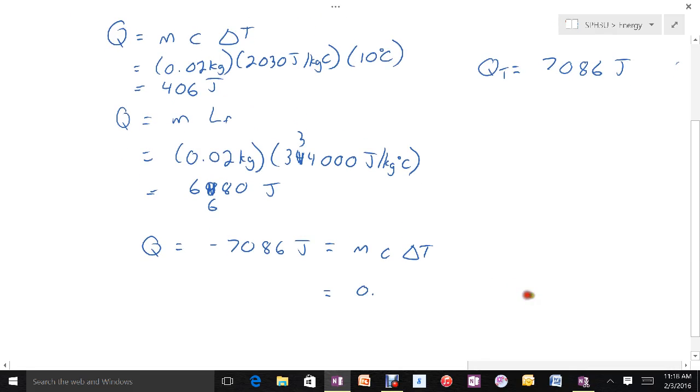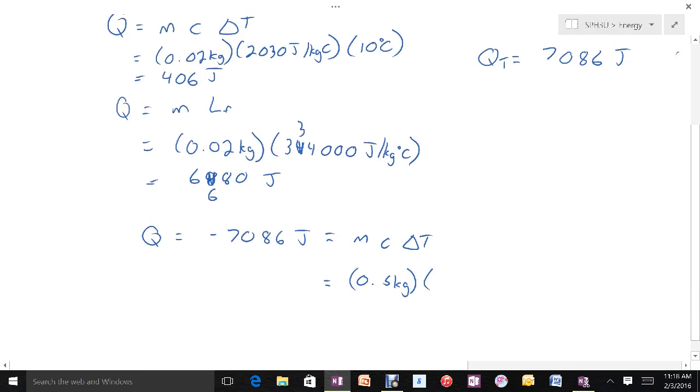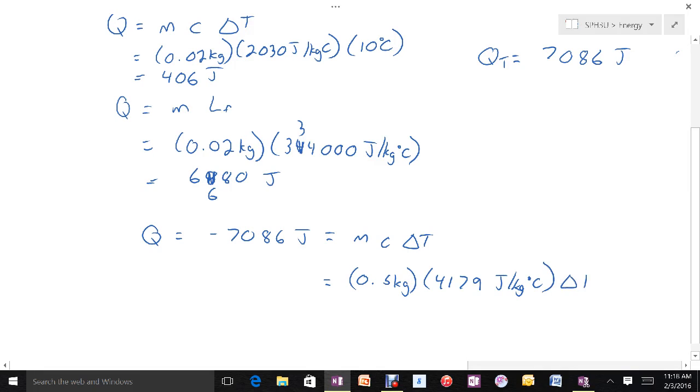The mass of the water is 500 grams, so converting it to kilograms, I'll make it 0.5 kilograms. The C for water, 4,179 joules per kilogram degree C. And our temperature change is what we're going to find, 7,086. I got a temperature change of 3.4 degrees.